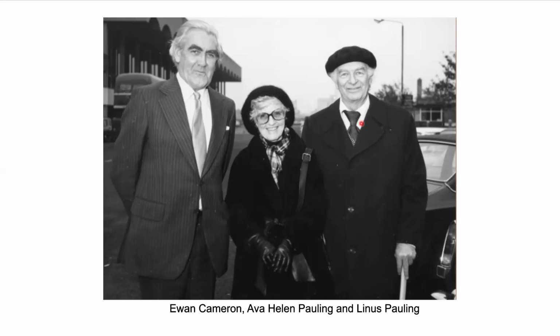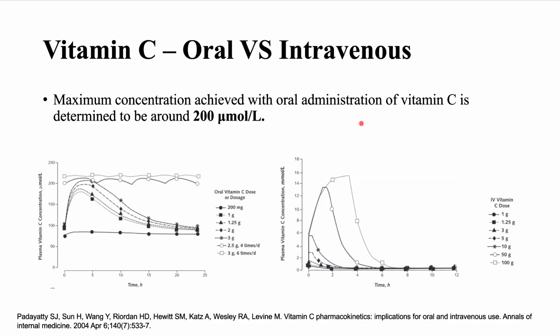Eventually, after around 20 to 30 years, when some other scientists conducted clinical trials, they found out that vitamin C concentration was different when it was given through the oral route versus the intravenous route. So here is the clinical study.